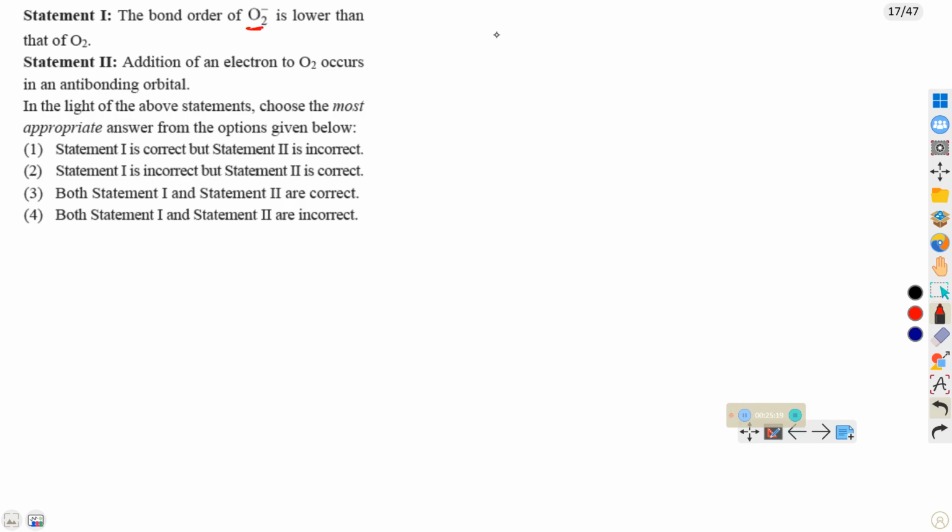Bond order of O2 minus. O2 minus has a total of 17 electrons, and the bond order value is 1.5. O2 has a total of 16 electrons, and the bond order value is equal to 2.